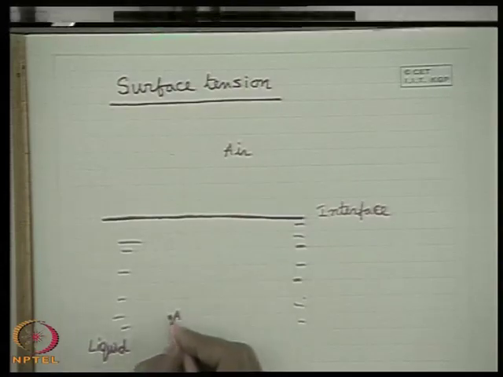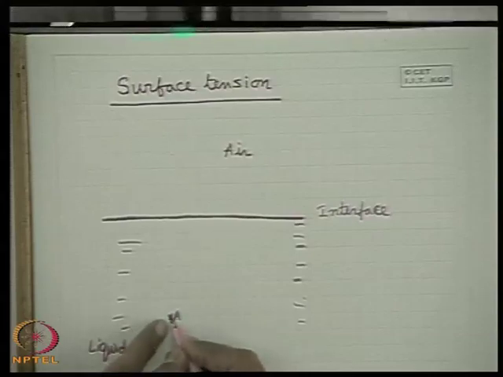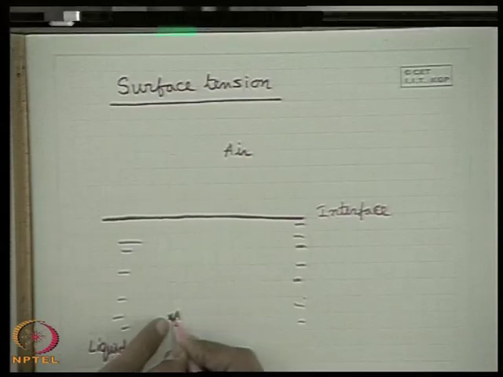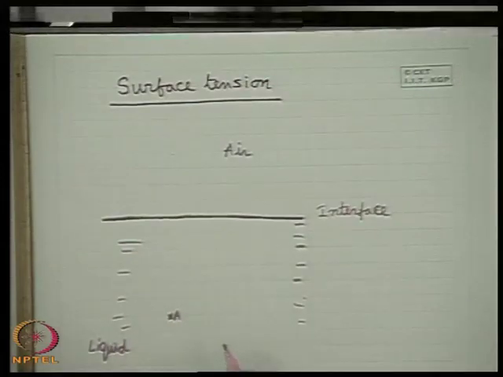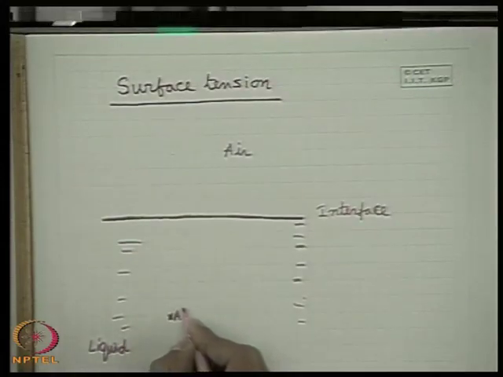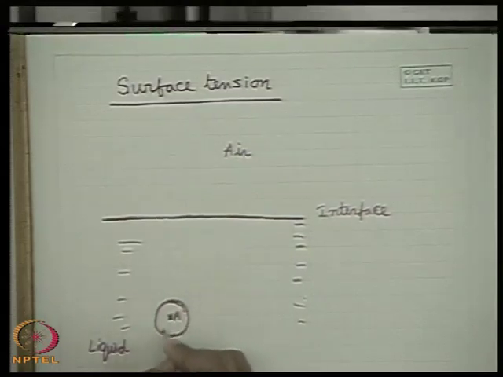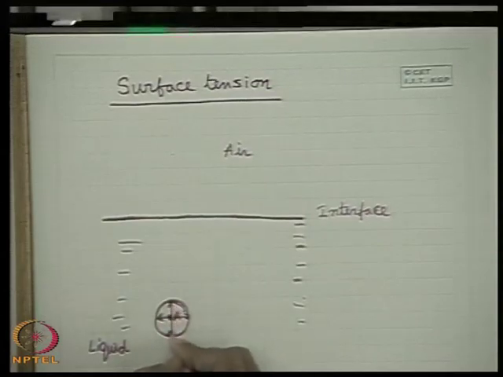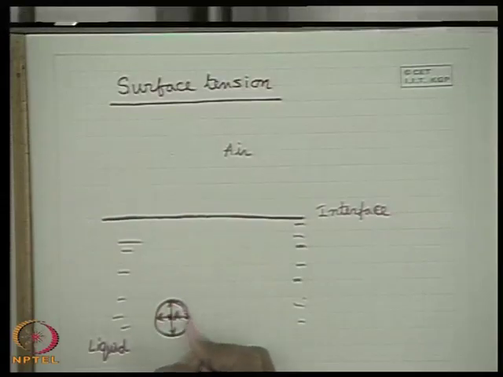Moreover, molecule A is attracted only by molecules a short distance away from it, usually 2 to 3 times the distance between two molecules. So we can assume a sphere of influence for these attractive forces, attracting the molecule from each direction.